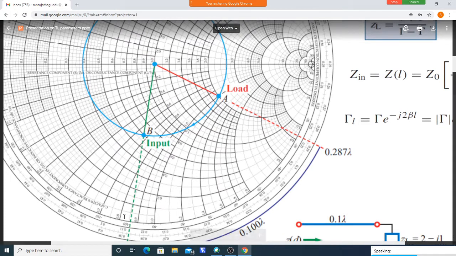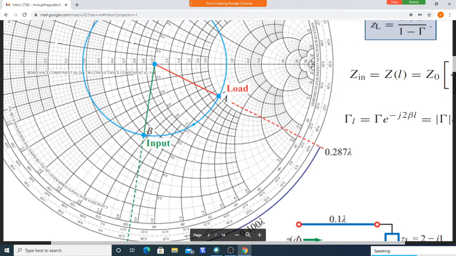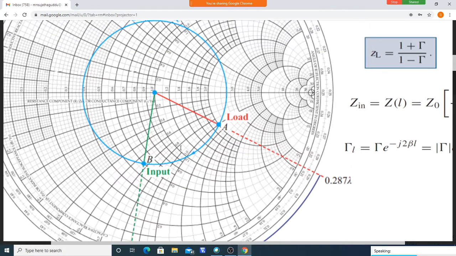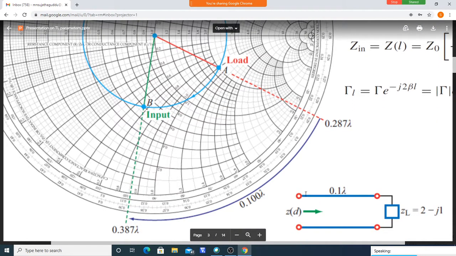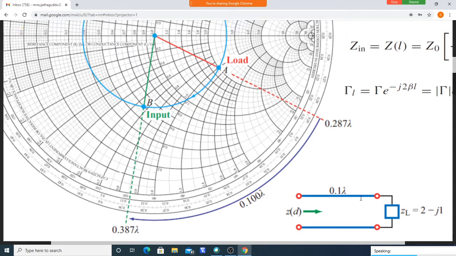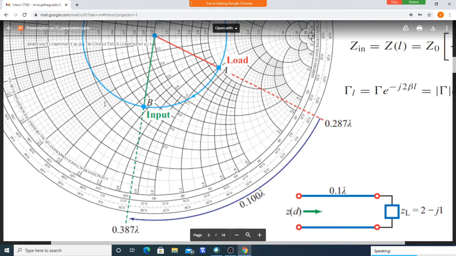See here, don't read here; you should draw a line from here, it intersects the VSWR circle, there you have to read the impedance. So like that, input impedance you can find from the load point, whatever the distance given, you can find the value of impedance at that particular position using Smith chart.